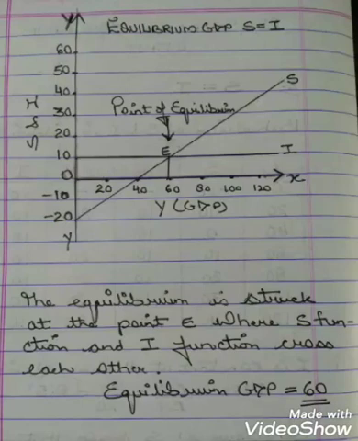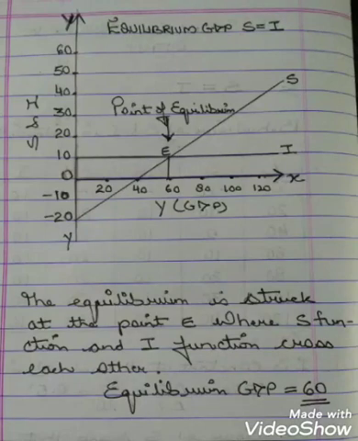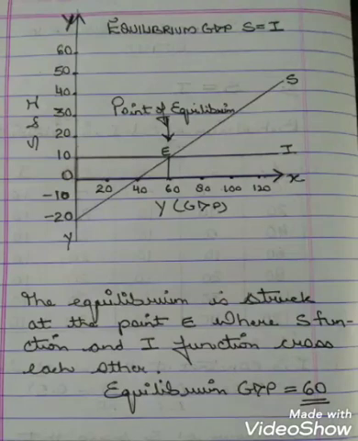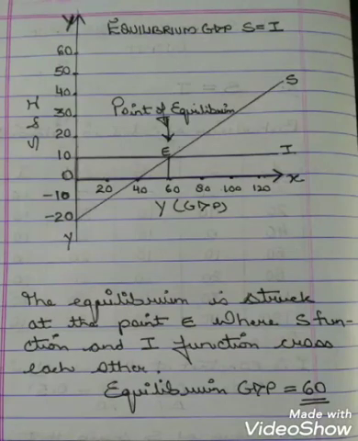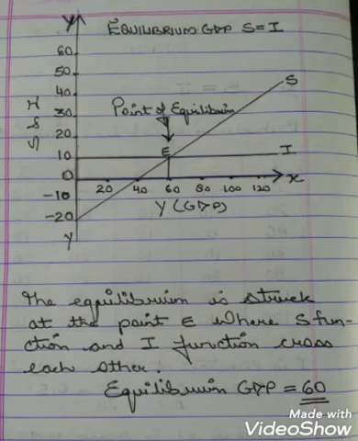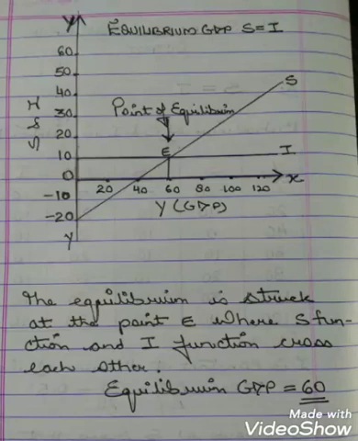On your screen there is a diagram where I have taken Y, that is income, on the x-axis, and on the y-axis S and I, saving and investment expenditure. You can see a line of S moving upwards from minus 20, striking at point E, the point of equilibrium, where income is 60, investment is 10 and saving is also 10.